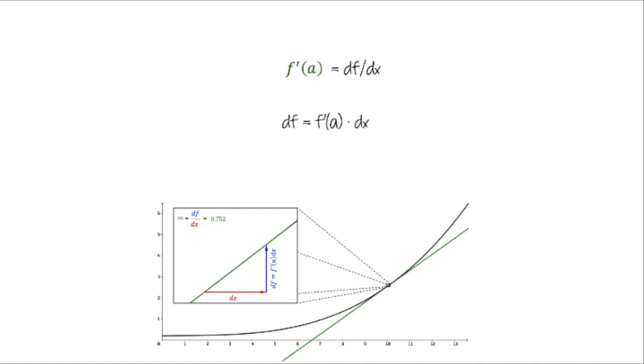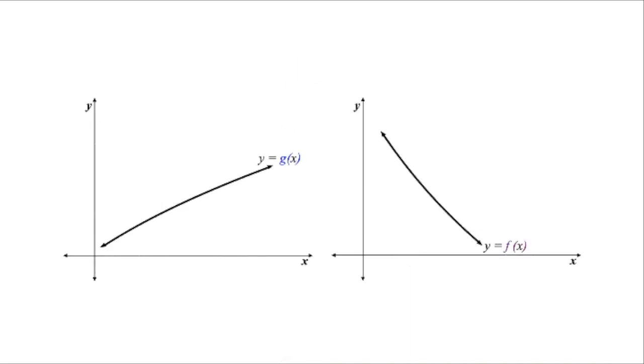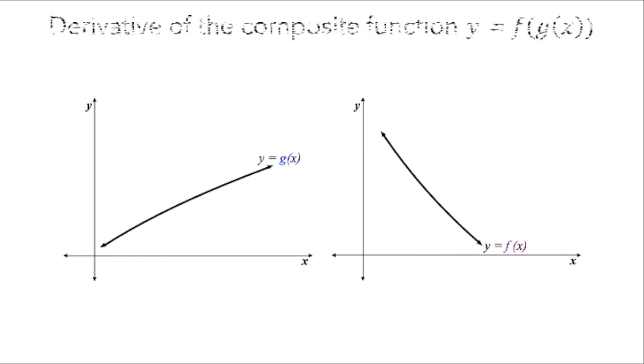Now let's put this together, the idea of composing functions with the definition of derivative, to understand why the chain rule works. On the left, we have a graph of function g, and on the right, we have the graph of the function f. We have already zoomed in a lot on these functions. Our goal is to understand the derivative of composite function y equals f of g of x.